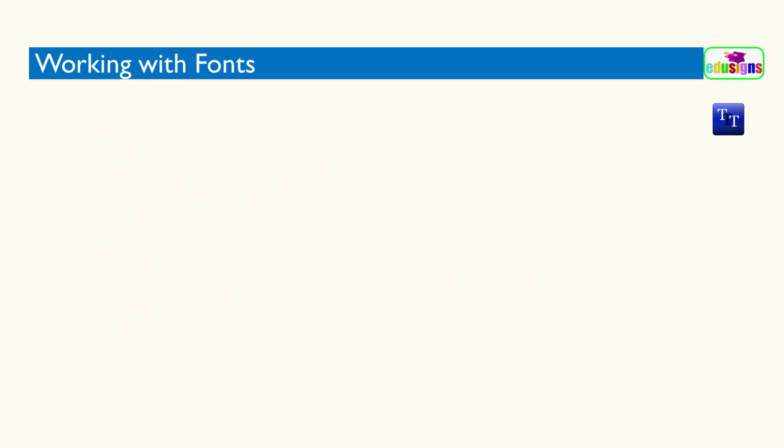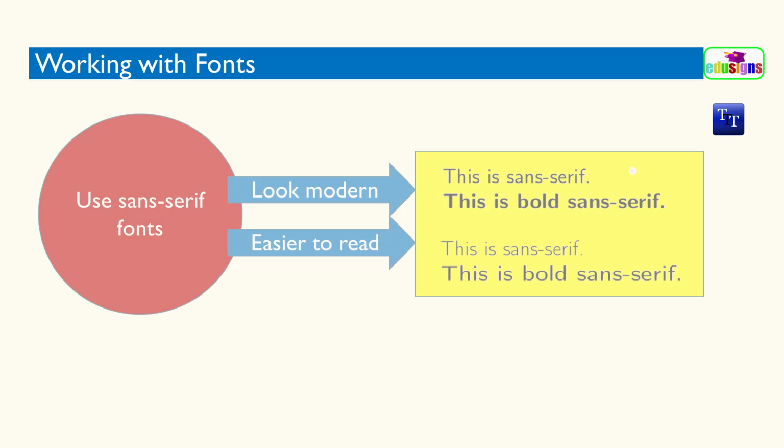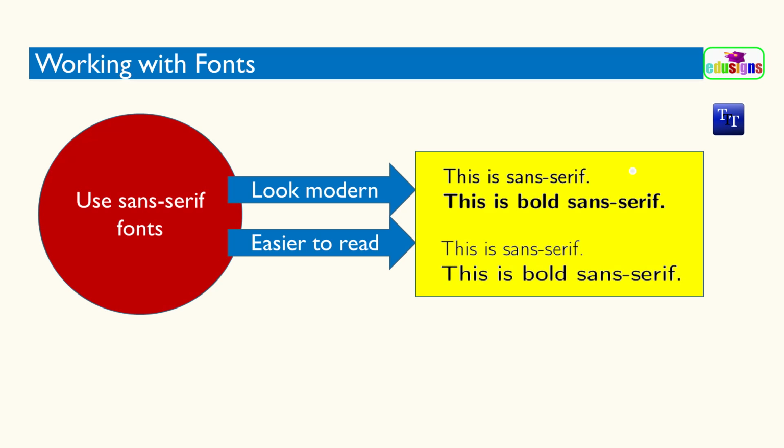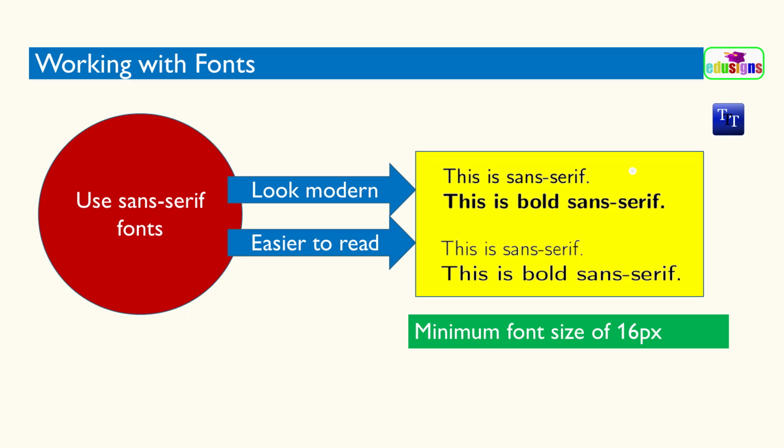Here are some useful tips for using fonts effectively on the web. Use sans-serif fonts. They look modern and are easier to read. The smallest font size you should use is 16 pixels for easier reading online.